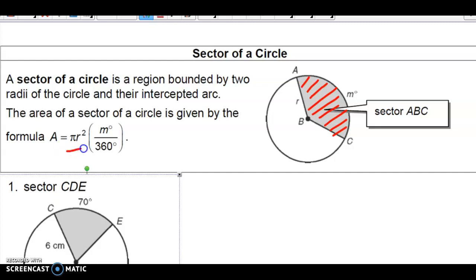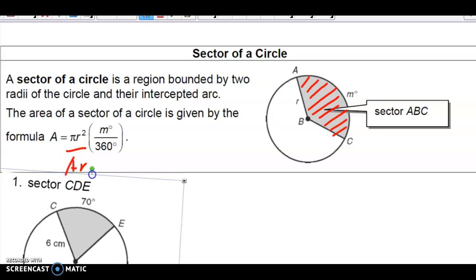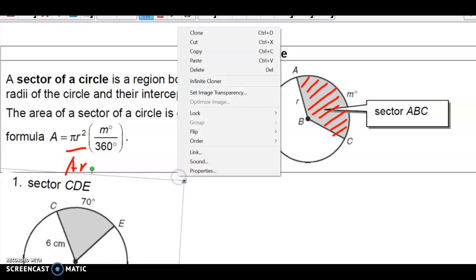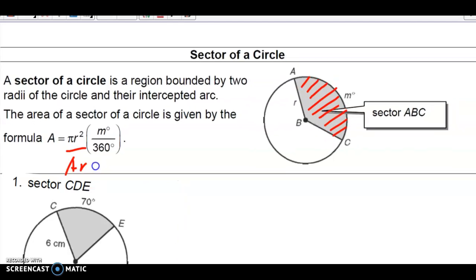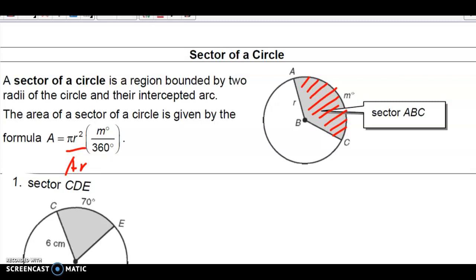As you know, this is the area of a circle, right? And times m, which is basically the degree of the arc divided by 360.